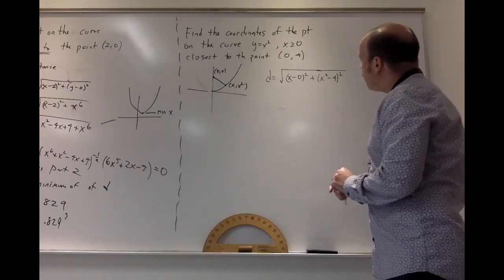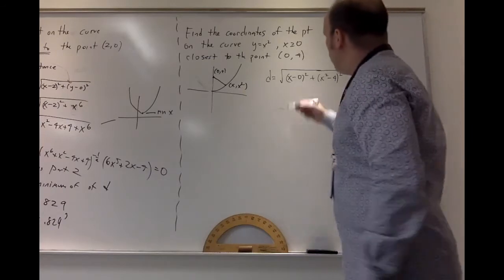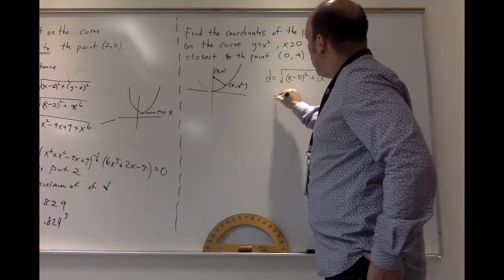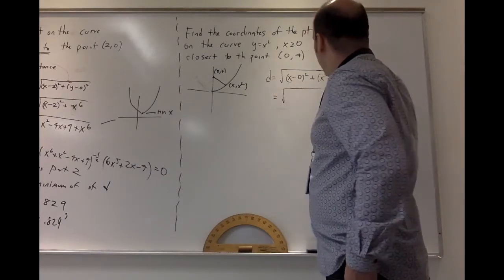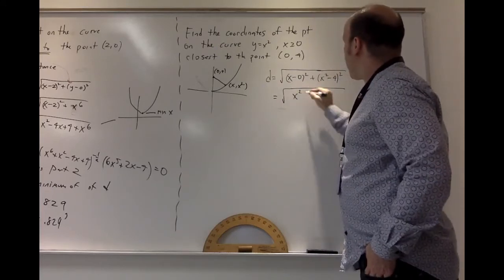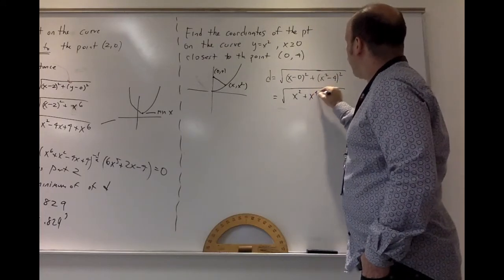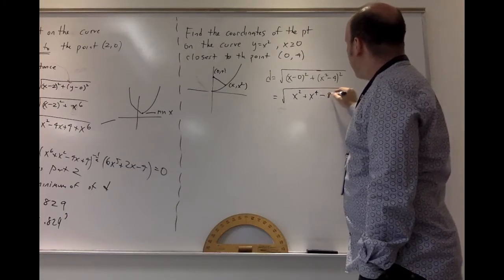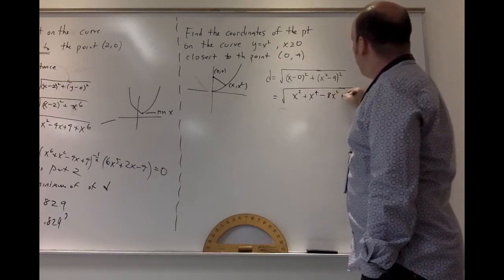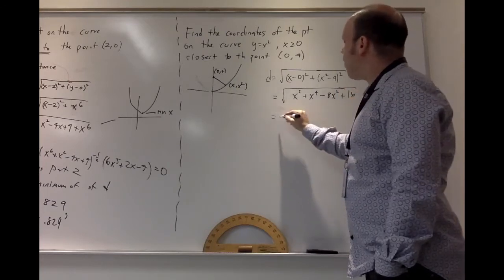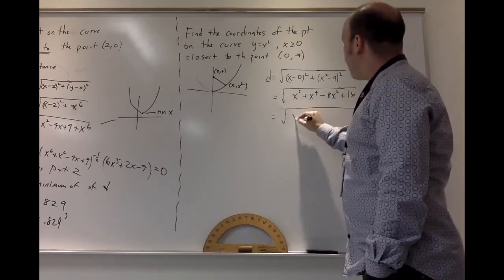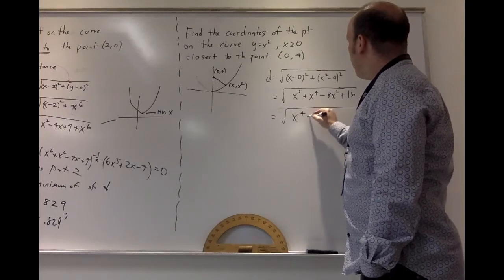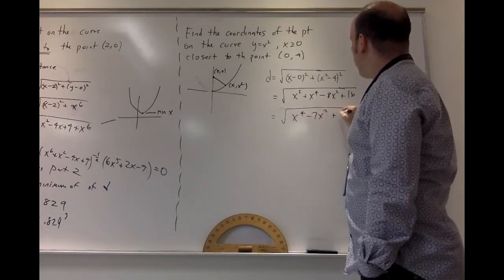You go through the motions and you see x squared plus x to the 4th minus 8x squared plus 16. Clean this up a little bit, and you have x to the 4th minus 7x squared plus 16.